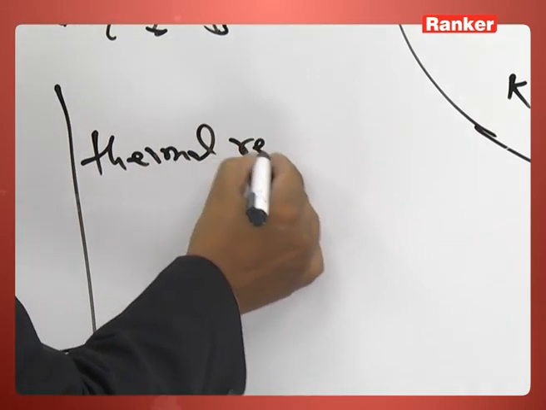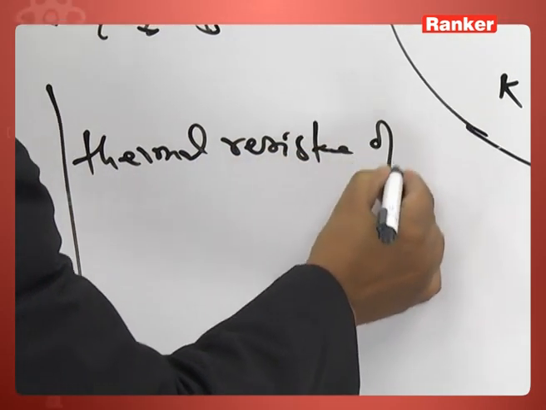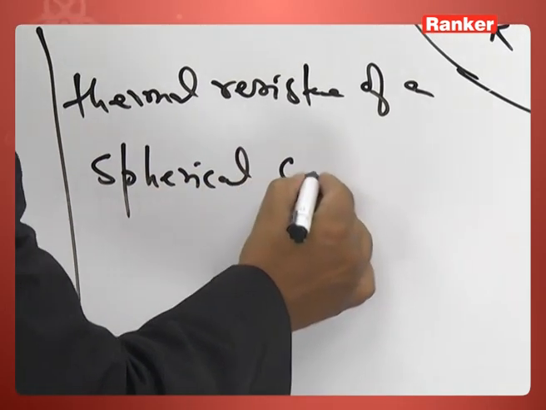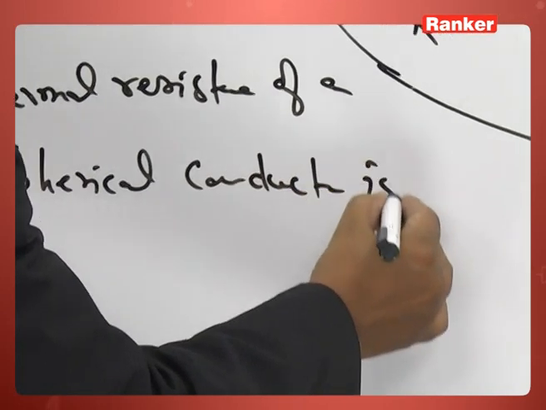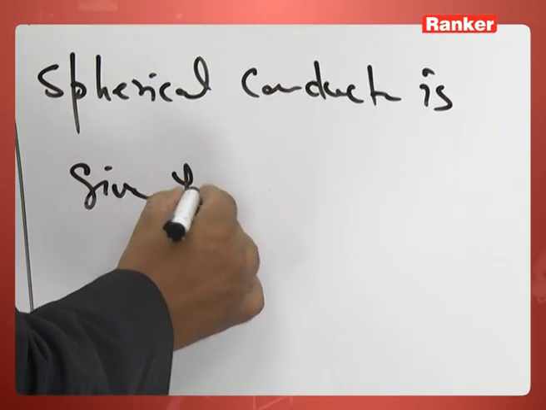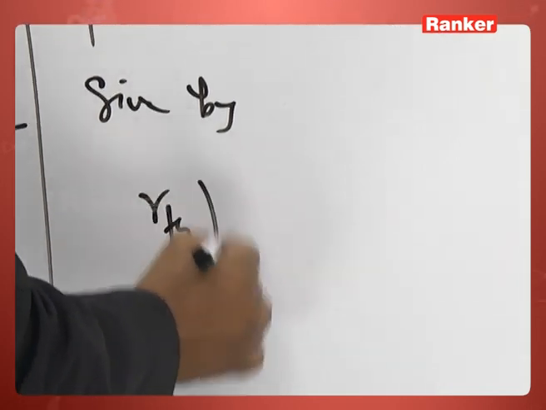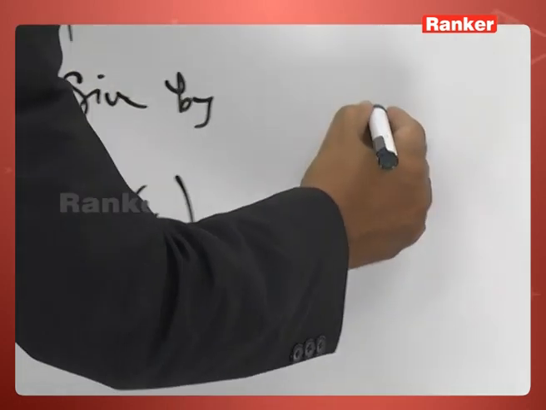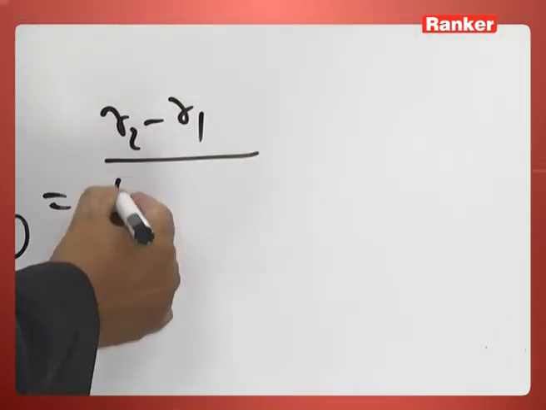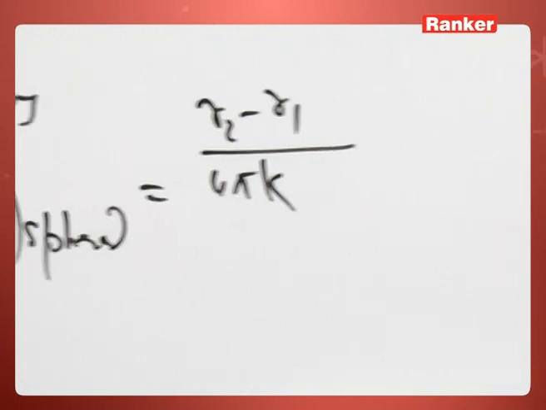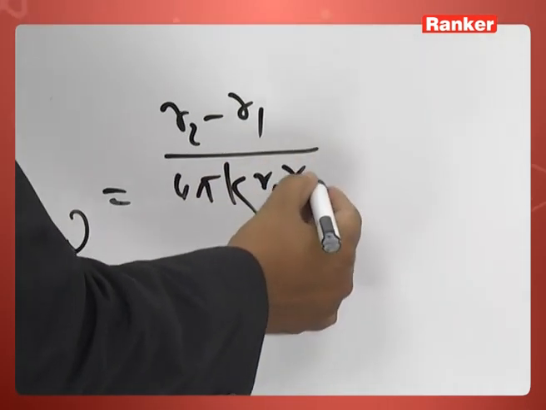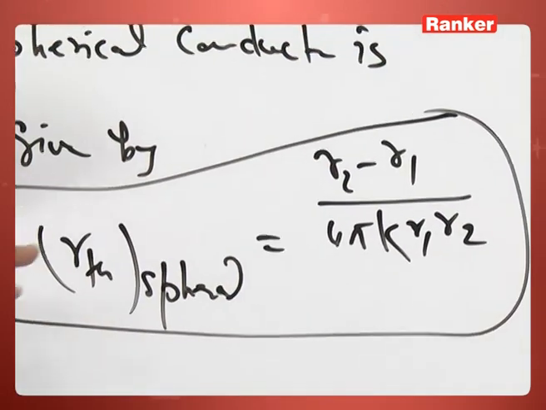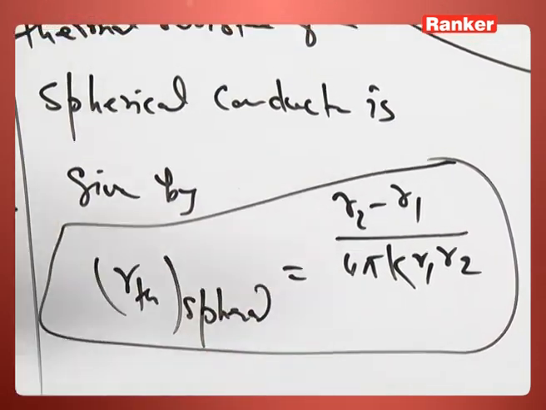The thermal resistance of a spherical conductor is given by R_TH = (R2 - R1)/(4πk R1 R2). So, this is the formula that we can directly use for the thermal resistance of a spherical conductor.